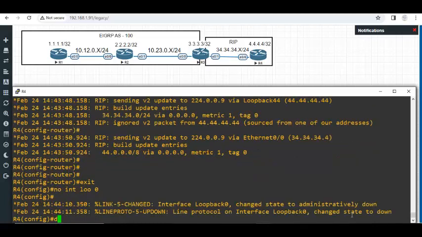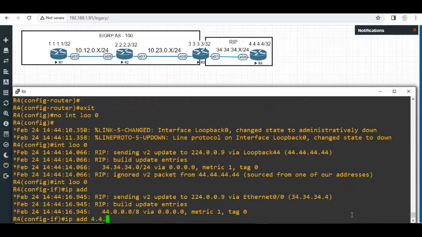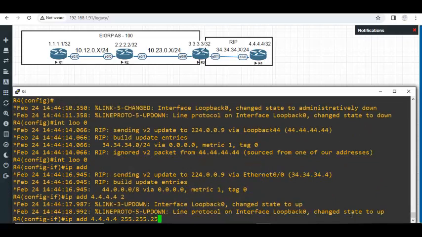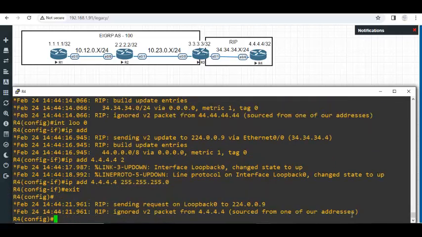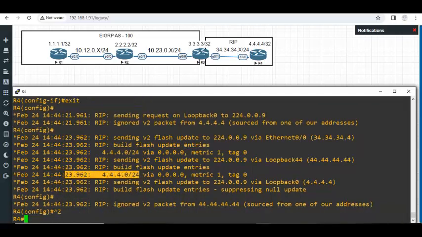Okay, now I can see 4 is also getting advertised. I just removed and put it back, that's all. It's not a problem with our configuration. It's some issue with the lab. Router RIP, you see, you're learning.